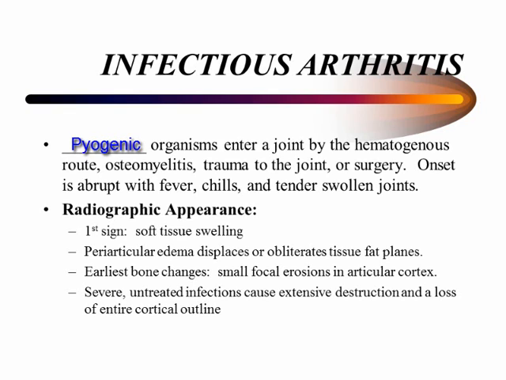The very first sign will be soft tissue swelling. Then we'll see periarticular edema that displaces or obliterates tissue fat planes. The earliest bone tissue changes will be small focal erosions in the articular cortex. And finally, severe untreated infections will cause extensive destruction and the loss of the entire cortical outline.